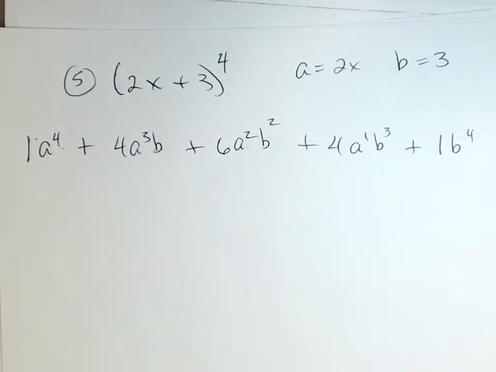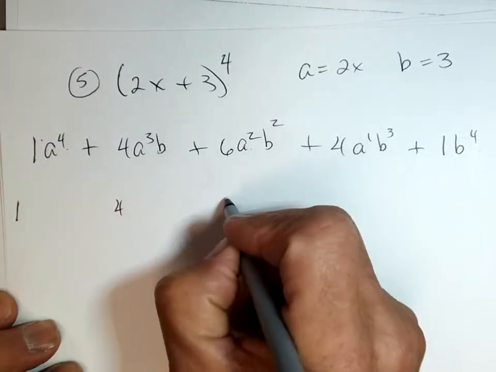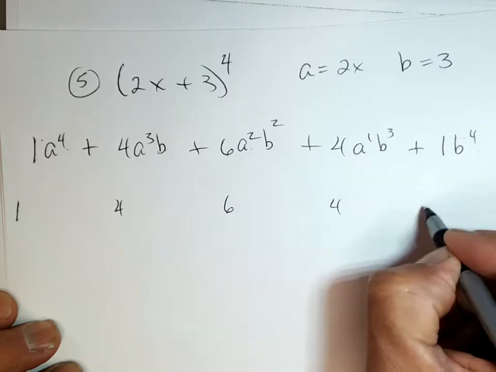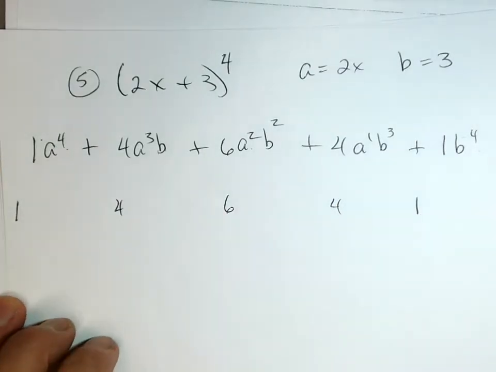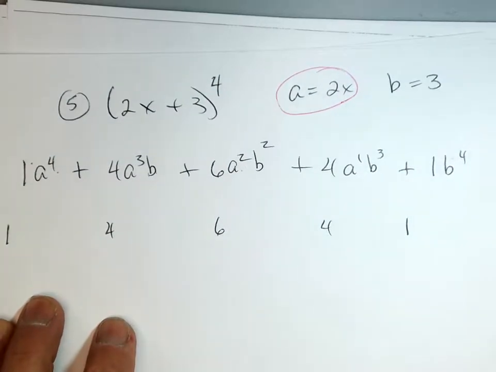Now try and use different colors to help you out. Let's see if I can help you out with the different colors. So first of all, let's put down my 1, 4, 6, 4, 1. Now my a's, I'm going to put in pink. Can you see the pink?